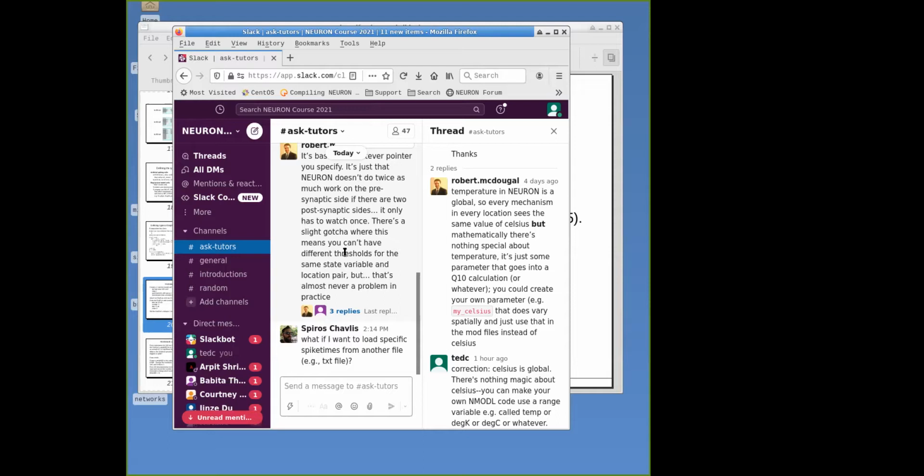So then is it last one wins? Any of them. Let's say you created three, NetCon 0, 1, and 2. When you created NetCon 0, you set its threshold to be 10.